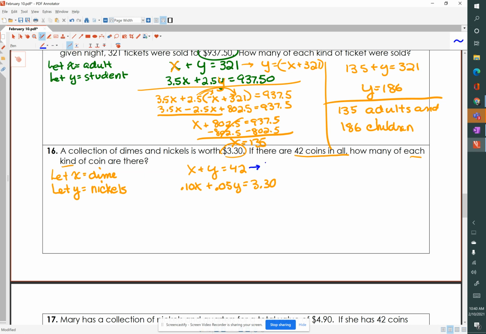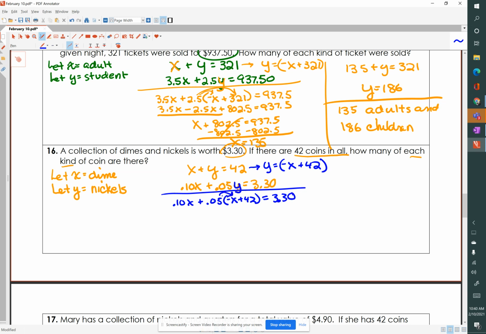So I'm going to solve for y, which will equal negative x plus 42. And I'm going to substitute that for y in the second equation, which will give me 0.10x plus 0.05 times negative x plus 42 equals 3.30.